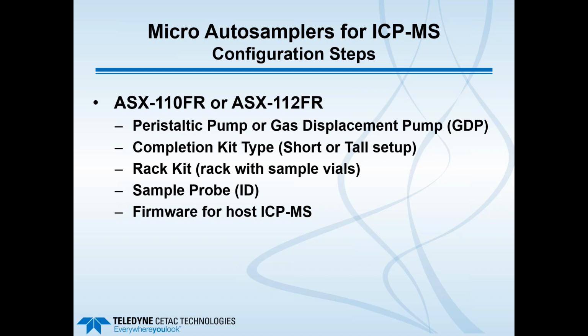So again, peristaltic pump or gas displacement pump equipped, whether you want to use the short or tall racks, the rack kit you want to choose, the sample probe, and finally the firmware for the host ICP-MS.